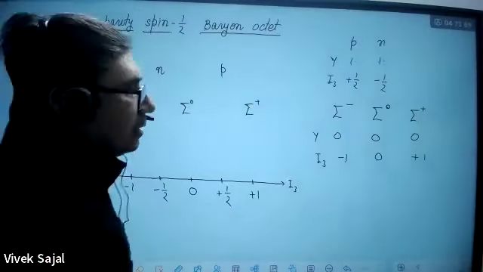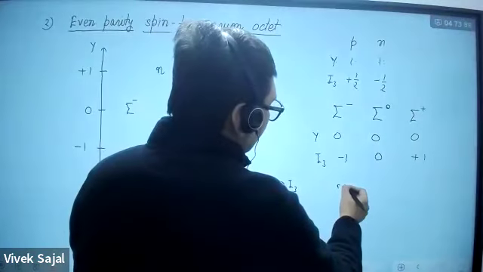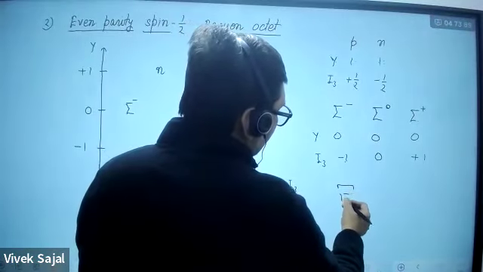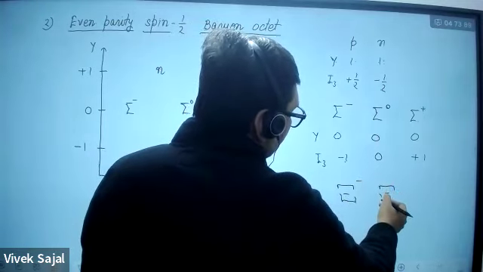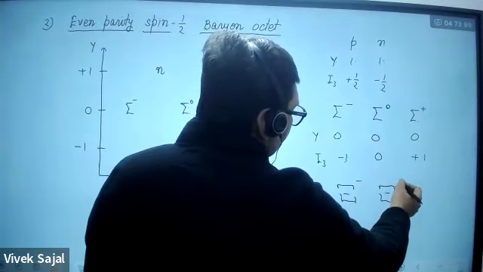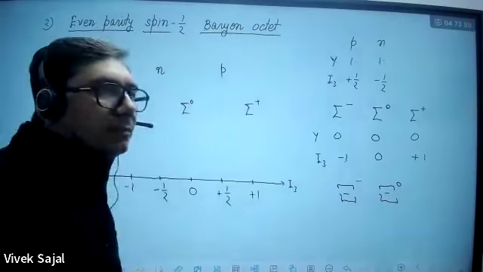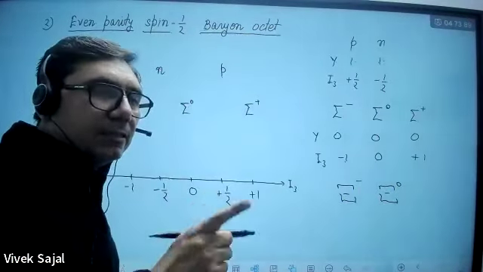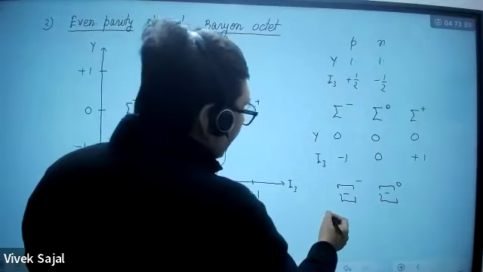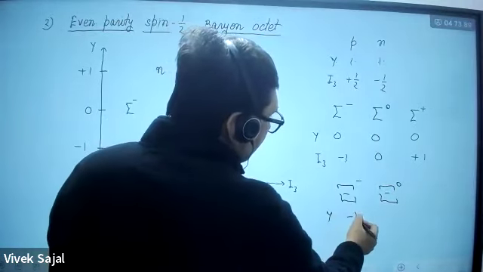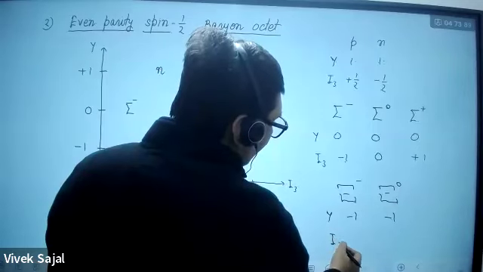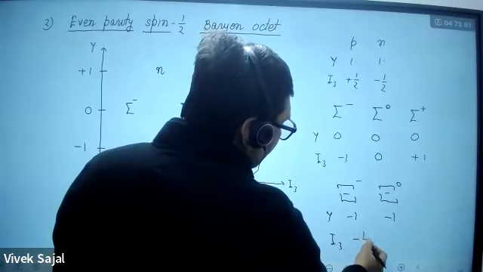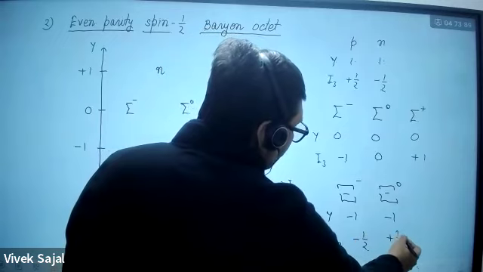Next is cascade. Cascade negative first I write, then cascade neutral. What is the B number? B number is plus 1, but strangeness is minus 2. So Y number will be minus 1 here. And if you look at I3, this is having minus half and this is having plus half.